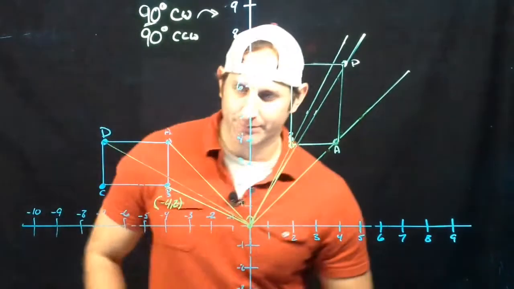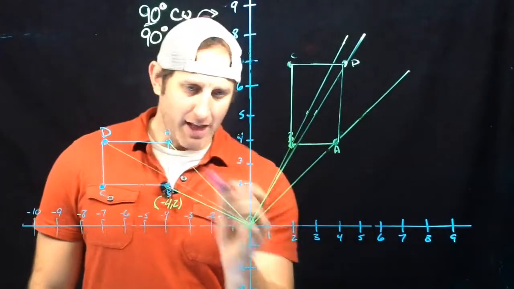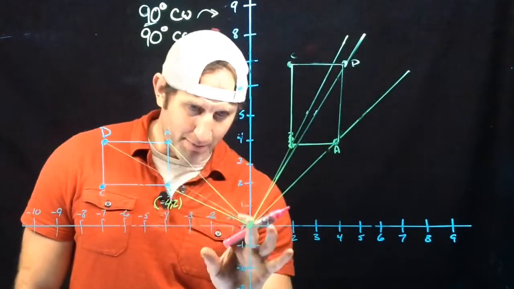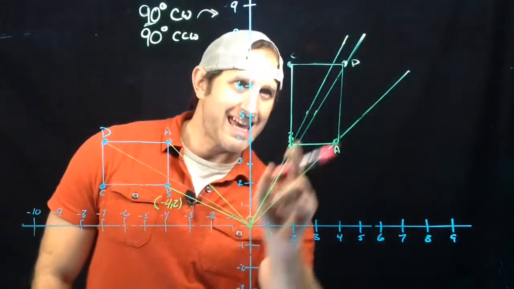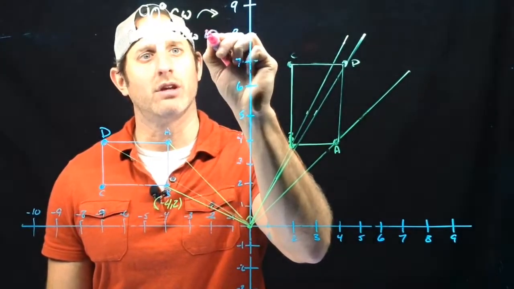We'll do them in pink. I can still use these lines, so I'm going to just keep them there, but instead of going out here, I know that counterclockwise is in the opposite direction.